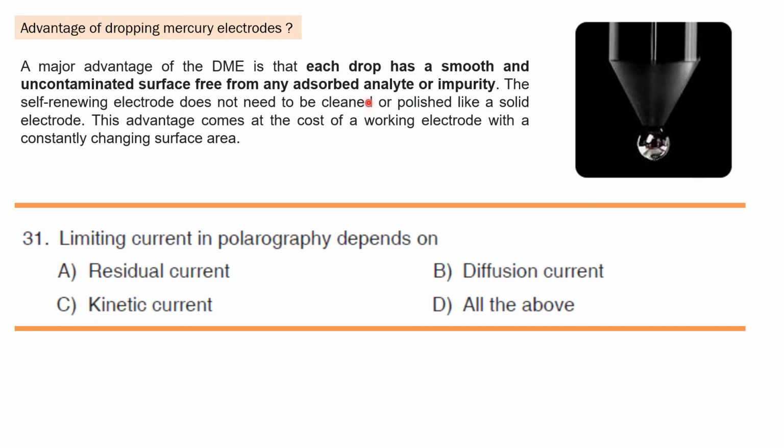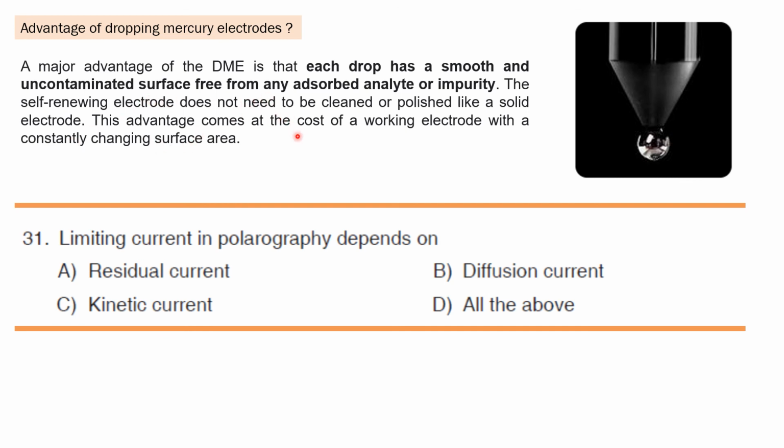It is free from all adsorbed analyte and impurity. It is a kind of self-renewing electrode. It doesn't require processes like cleaning or polishing. Normally when you have a solid electrode, you need to clean or polish after every analysis, and this is not required in the case of DME.